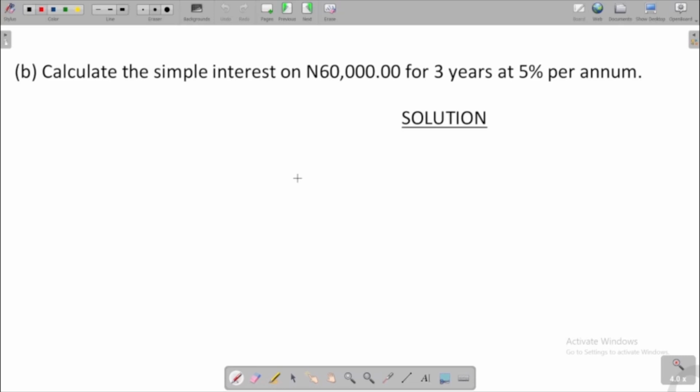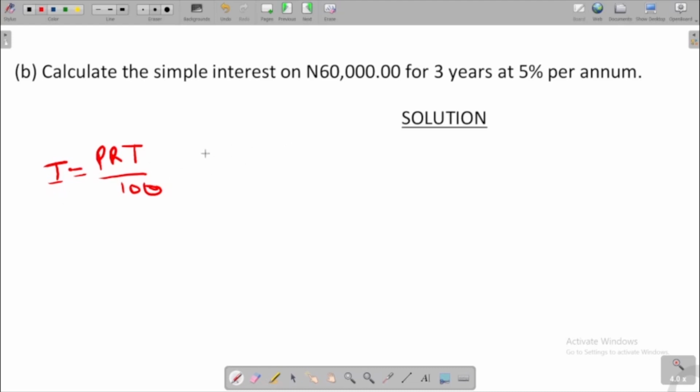You need your formula for simple interest, which is simple interest equal to PRT over 100.